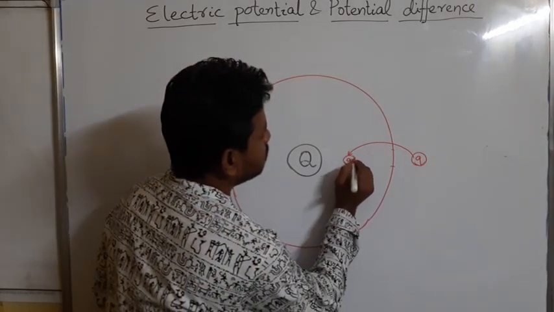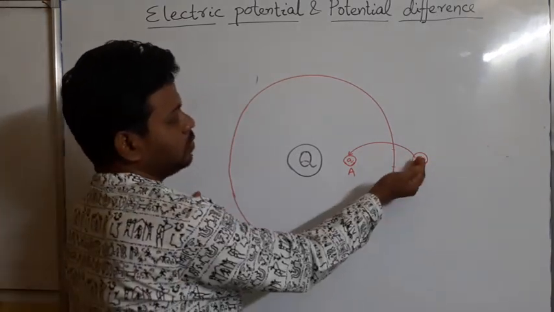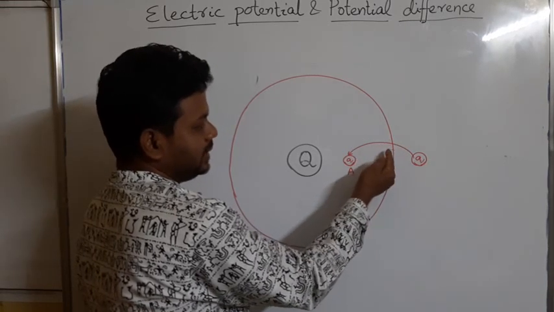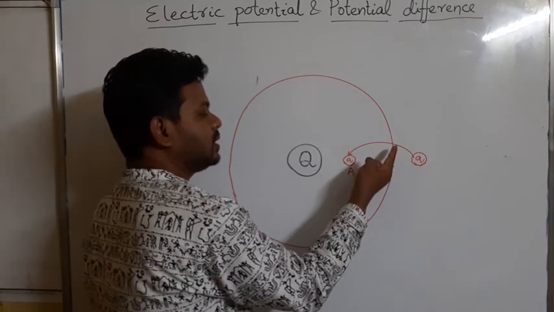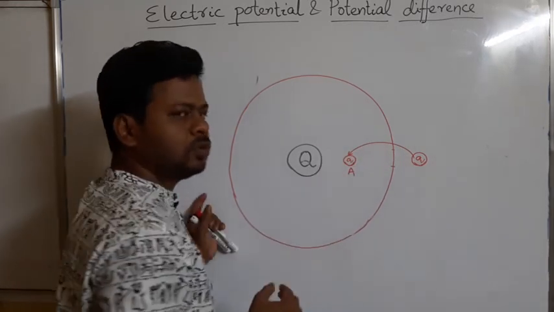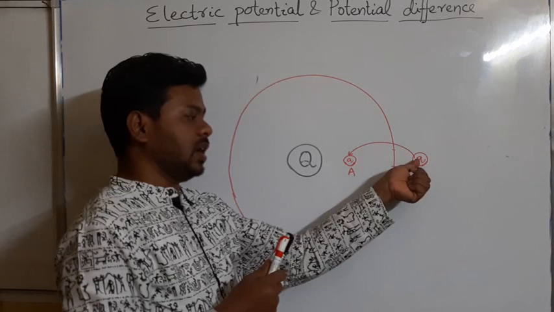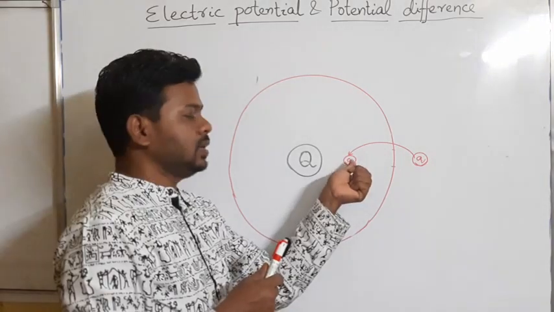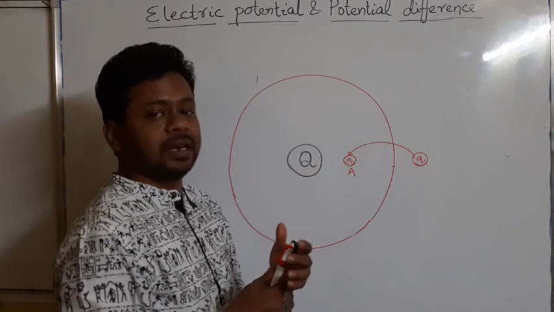I have to do some work, because whenever it enters inside the electric field, it will definitely give a force on this, and to move the electric charge from outside the field to inside the field, I have to do some work, and the amount of work done in moving the charge from this point to this point inside the electric field is termed as electric potential.